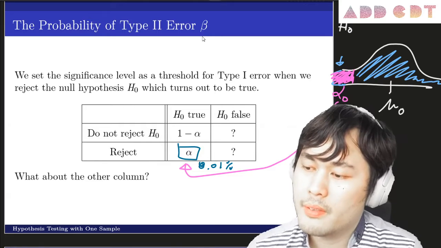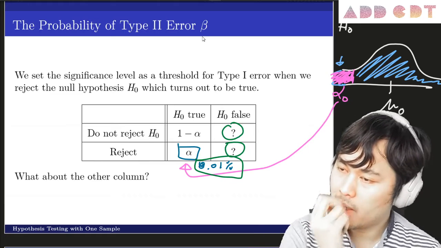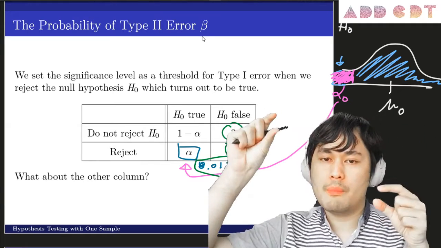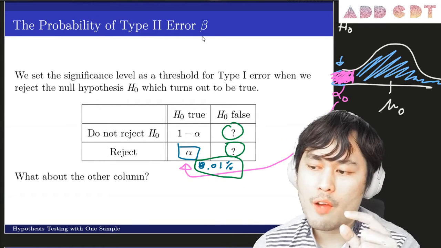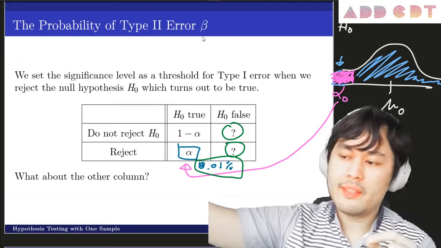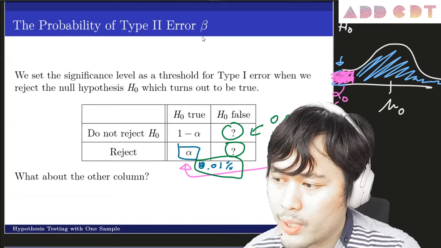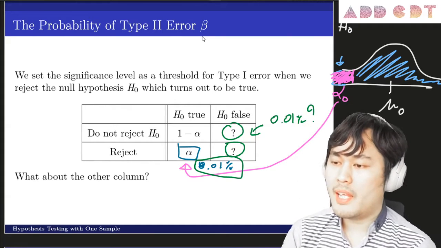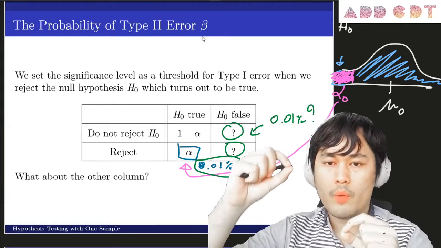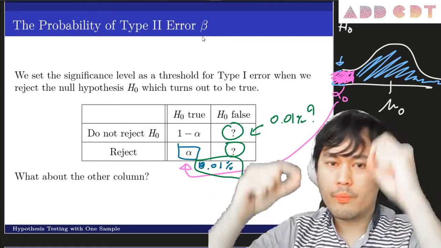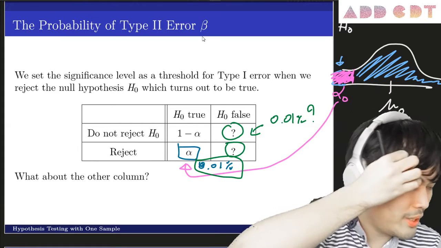But then that number will affect these 2 numbers. The thing is, we cannot just set these 2 numbers separately. It's not like we put alpha here, we can let alpha be 0.01, and we can let beta be 0.1, 0.12. That is not impossible, but when you reduce the value in one entry, the value in the other entry will increase.